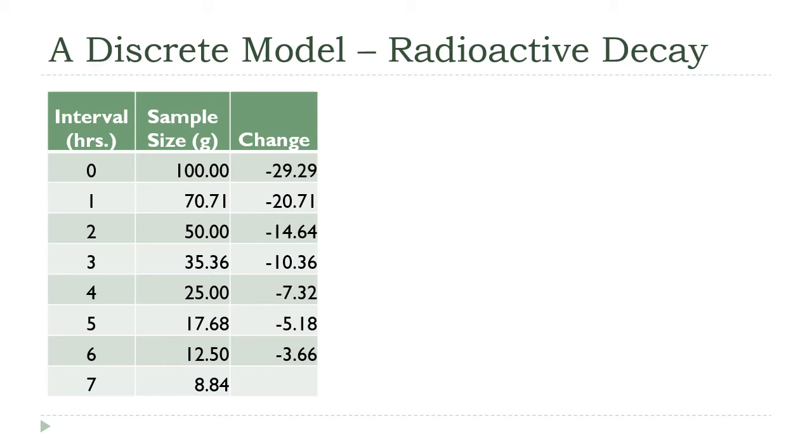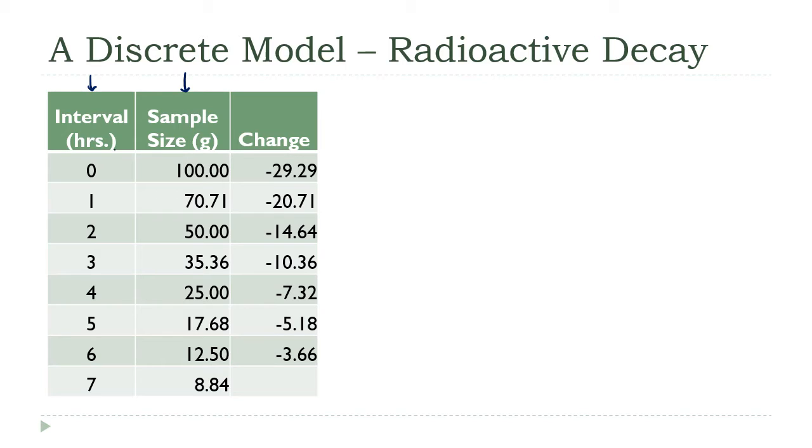So what I've got here is data for the sample size of a decaying radioactive isotope. Measurements were taken every hour, and these numbers in the second column are the results. Now, you may already know that radioactive decay can be described using an exponential model, but what I want to focus on here is the change in the sample size and what that can tell us. So first, let's think about how the data fits into our idea of a sequence of numbers.